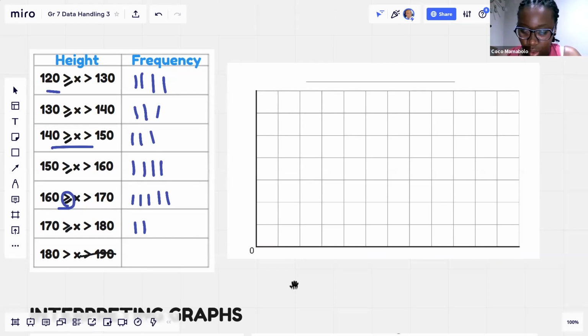So in that case, we will only have 6 groups, 1, 2, 3, 4, 5, 6, and we'll be able to split those into 2 each. In this group over here, we'll have everybody between the 120s and the 130s. And in the next 2, we're going to have the 130s and the 140s.